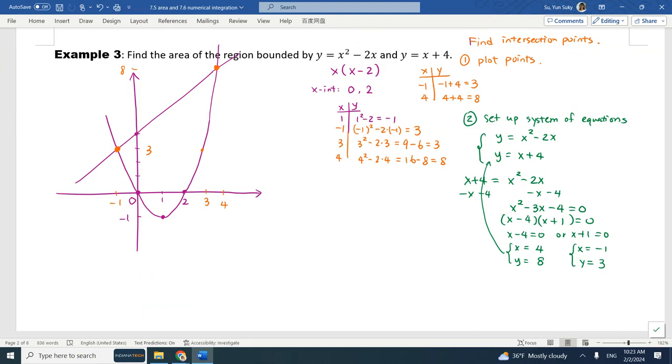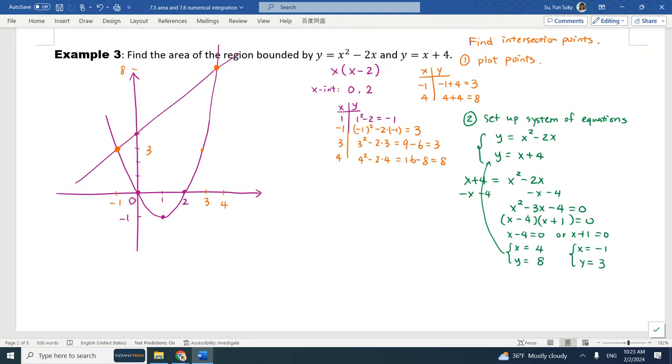Or if I give you something weird like an exponential function or square root, cube root, then it's hard to solve the system. In that case, I suggest you plot points. Most of the problems, the intersection points are integer points. So keep putting in points, then you can see it.